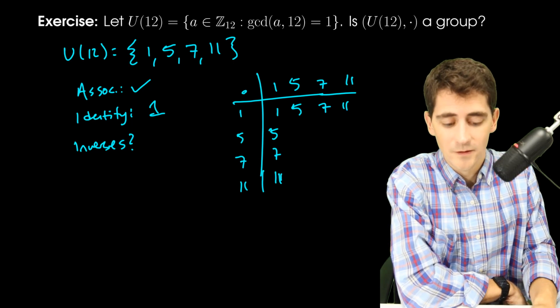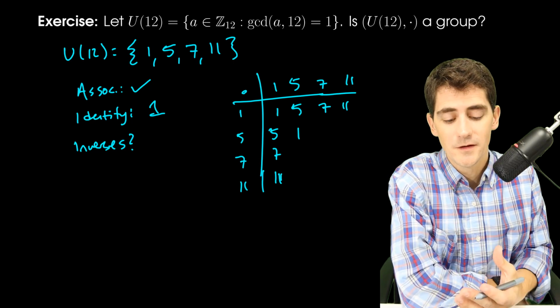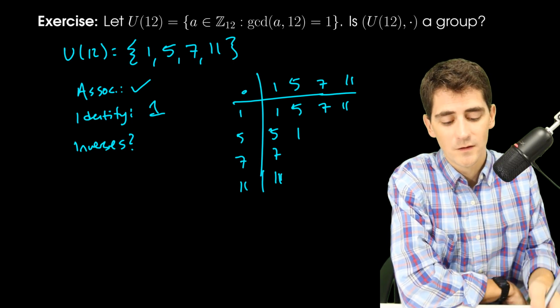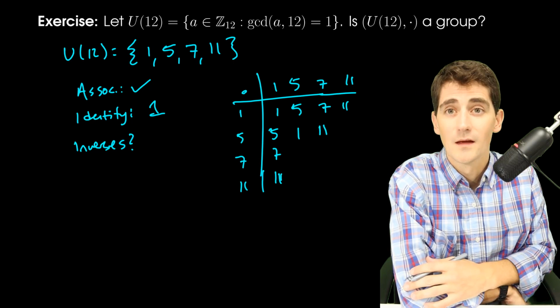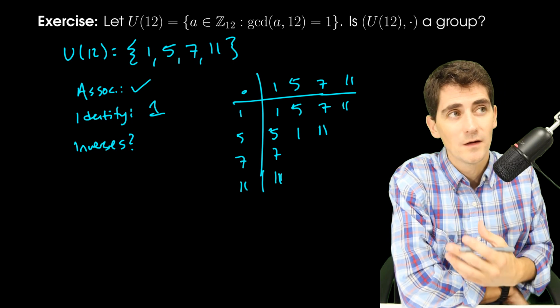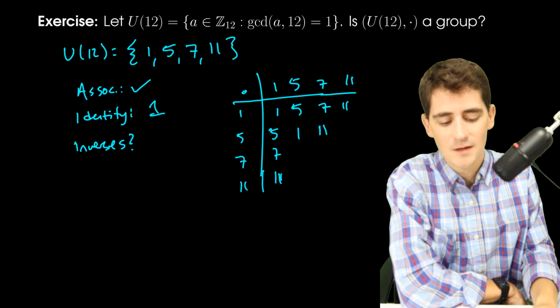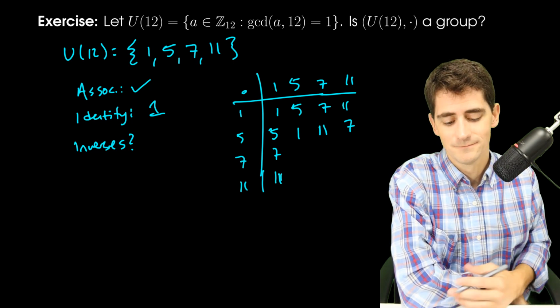5 times 5 is 25. That's 1 mod 12. 5 times 7 is 35. Let's see, mod 12, that would be 11. And 5 times 11 is 55 mod 12. So I'm just subtracting multiples of 12. So 55 minus 48, you get 7.